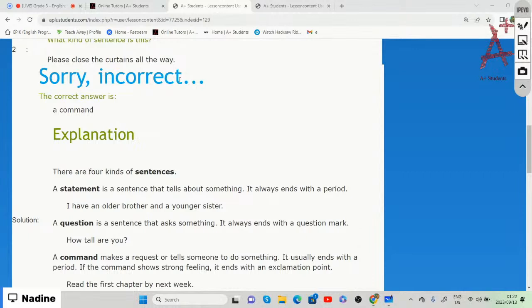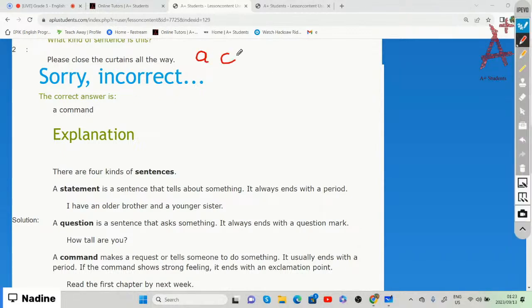A statement tells us about something, and a command is telling us to do something. If you read the sentence again, it says, please close the curtains all the way, which means someone is telling someone to do something. If it tells someone to do something, then this is a command. It is not a statement. This is a command.